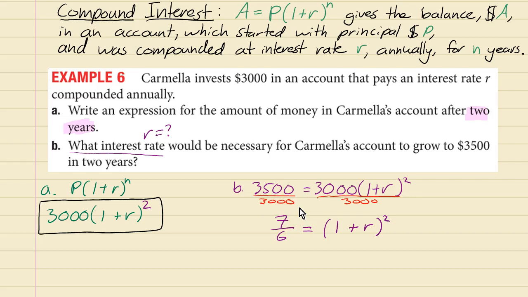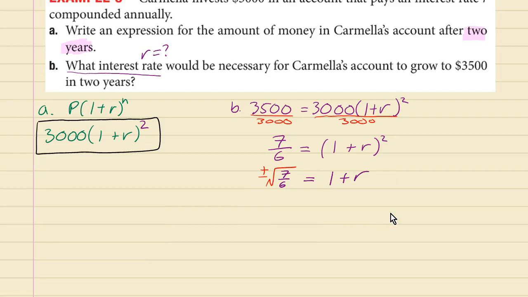Now you can take the square root of both sides to cancel out the squared thing on the right side, which gives you this. And then we can subtract 1 from both sides. So now we have these two things for r, these two numbers. If you want to get an actual interest rate, people usually describe interest rates in terms of percents instead of these weird square roots.